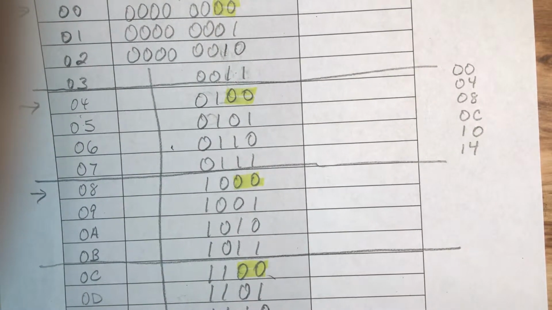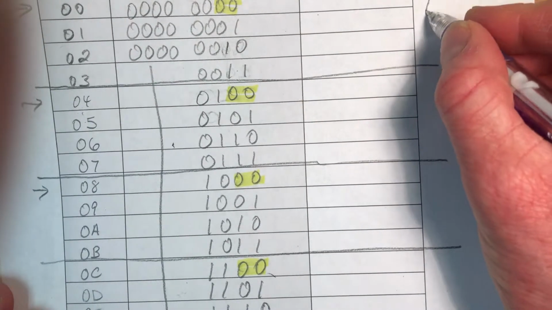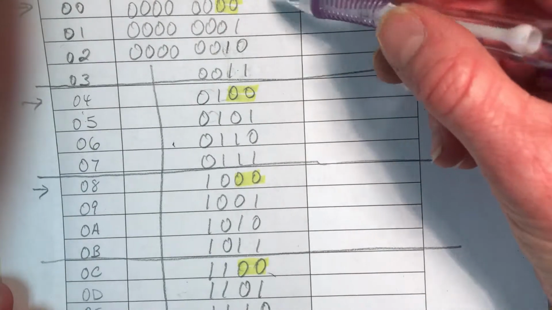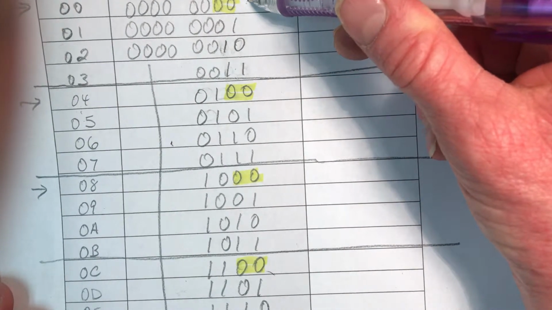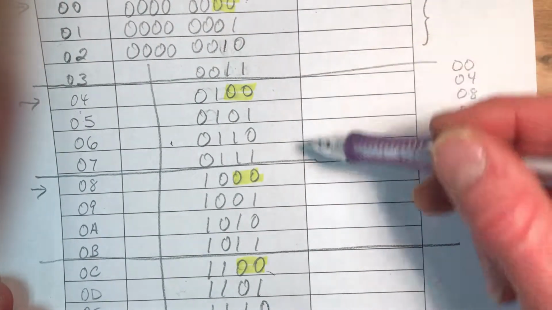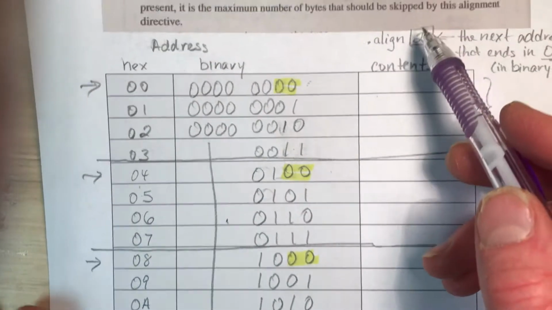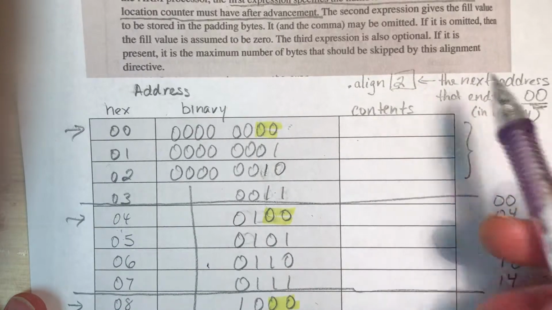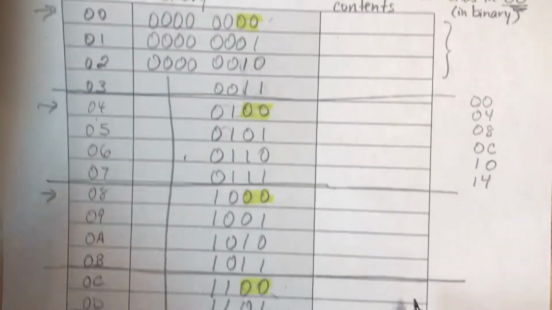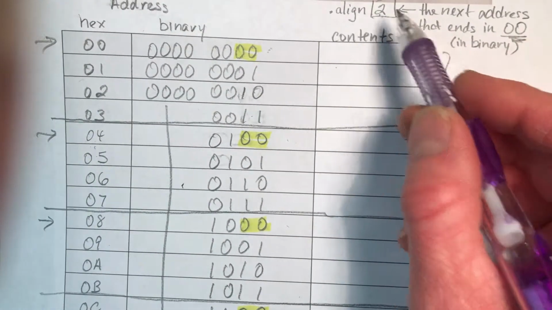What's special about this, hopefully you remember from the last video, is that we were looking at the word boundary. So this is where you'd like to start a word, this is where you'd like to start a word, and so on. If you use this align directive, it's going to find the next location in memory.